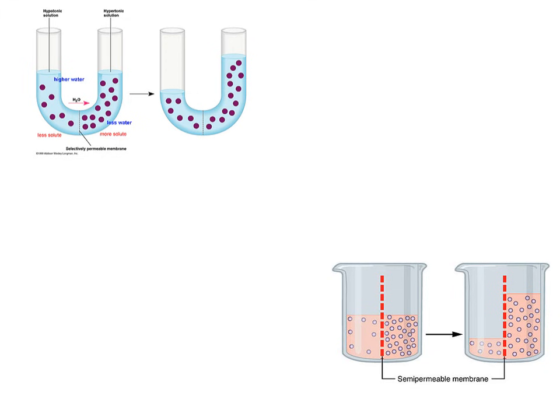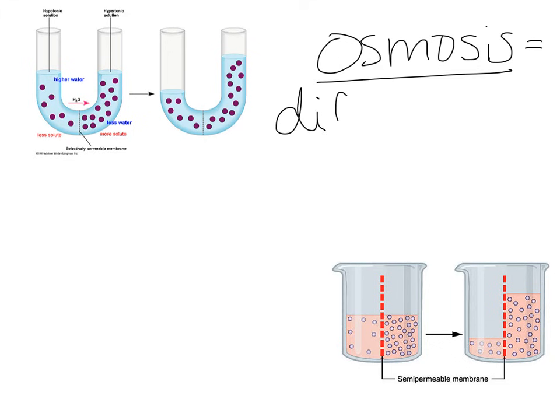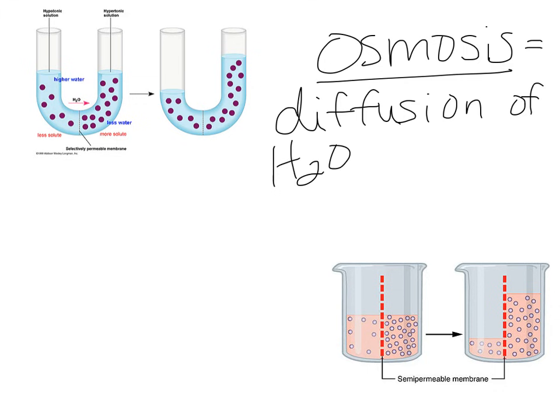So now we're going to look at a particular type of diffusion or passive transport, okay, called osmosis. So osmosis is the diffusion of water. So if it's the diffusion of water, it's not going to require any energy.